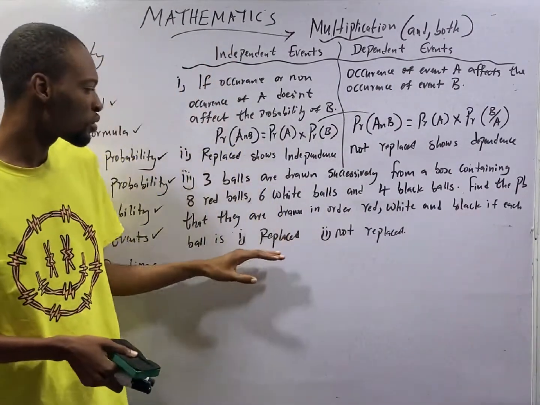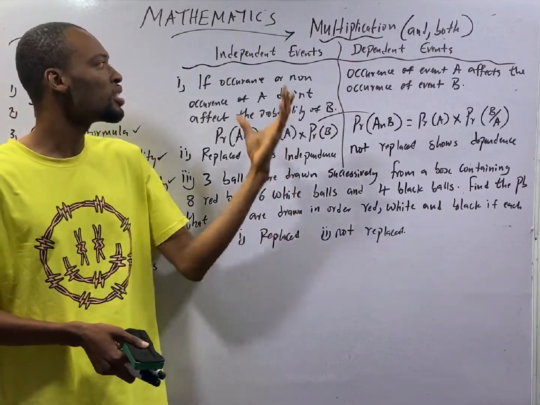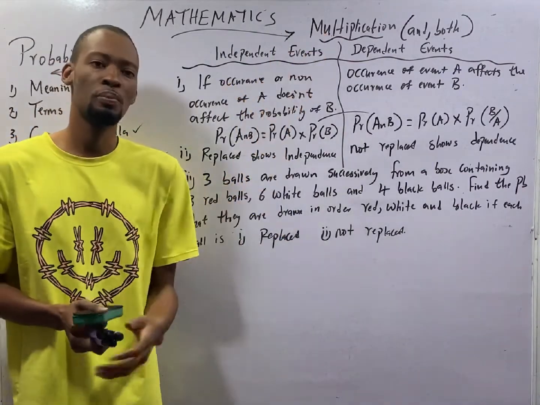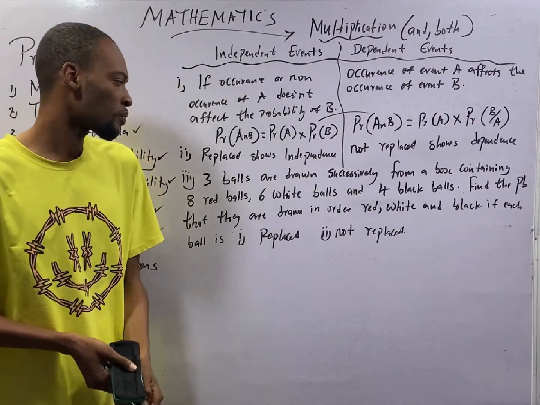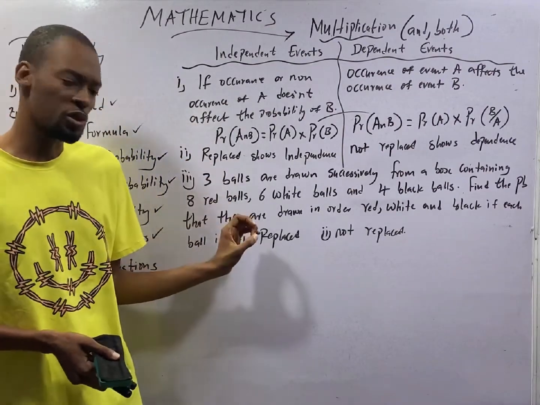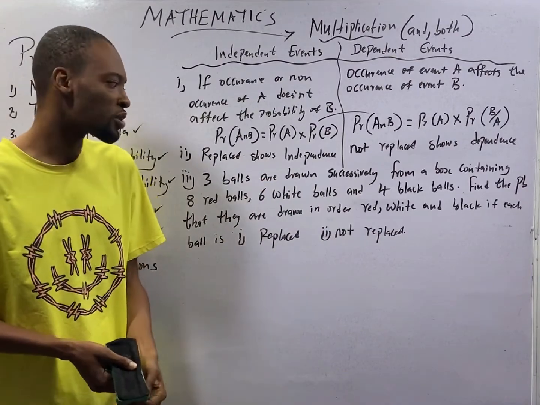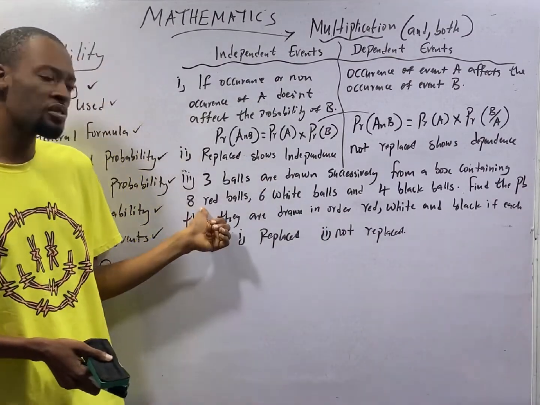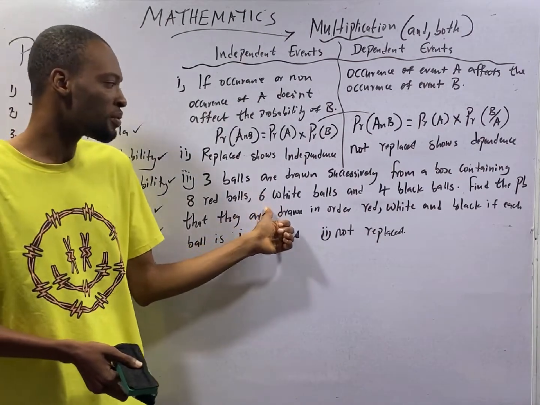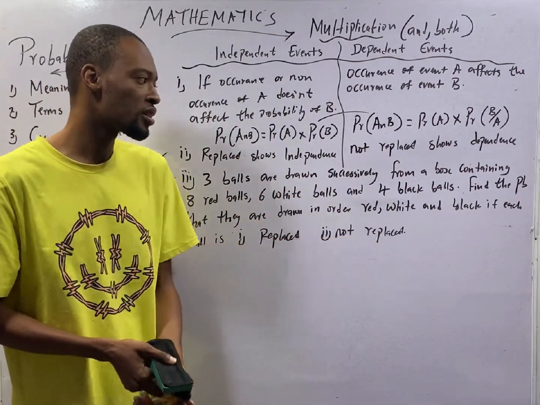Now, this question will do justice to both independent events and dependent events. 3 balls are drawn successively from a box containing 8 red balls, 6 white balls, 4 black balls.